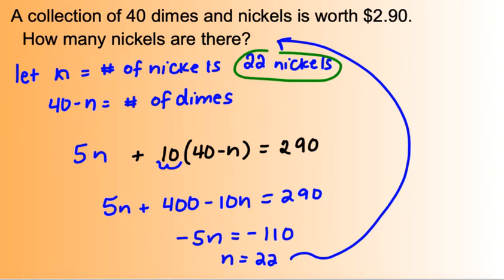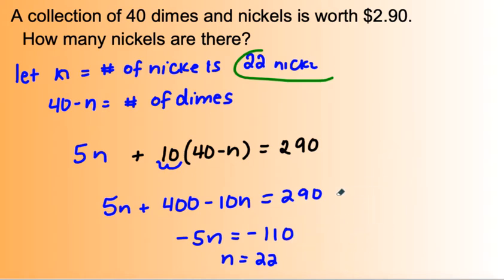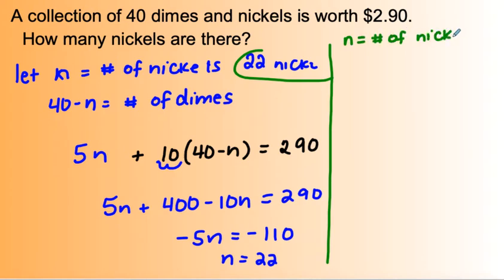So I'm actually going to take a minute here to show you how this could be done using a system of equations. Okay, so I'm going to write it parallel to it. If we were going to write this as a system, we would first have our variables. We would let n equal the number of nickels and we would let d equal the number of dimes.